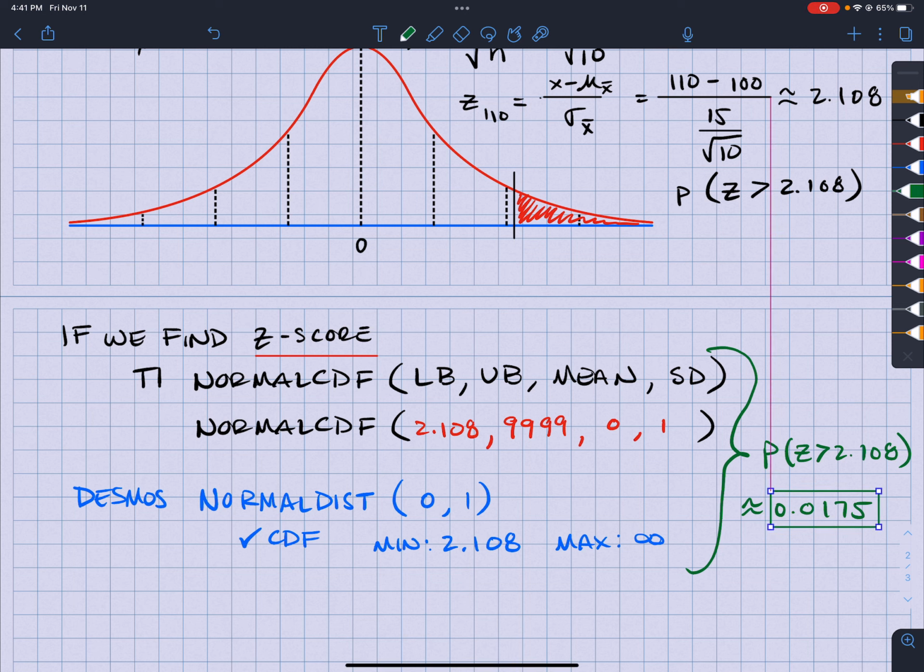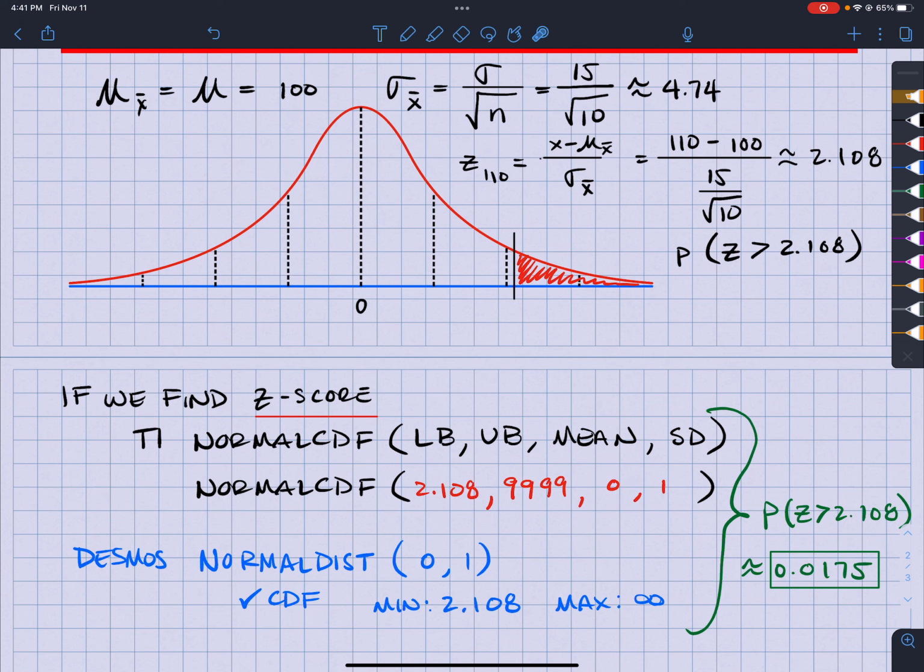So that is the so-called by hand, the long way. Usually we would use a Z table for all of this type of stuff. Oh, I forgot to put the 2.108 here because that's a Z-score. It's by hand because we had to find a Z-score.